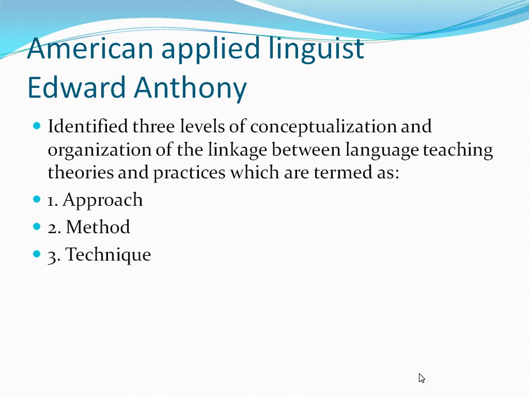Edward Anthony. He thought that we have to make a relationship or linkages among these principles in such a way, that is, the conceptualization and the organization of the linkage between language teaching theories and practices, which are termed as approach, method and so on, getting all this idea that I have told earlier.